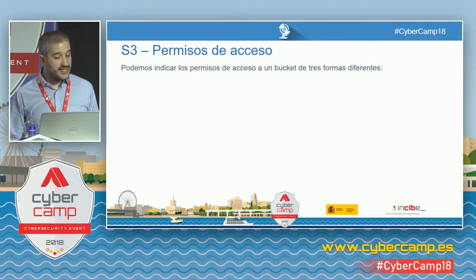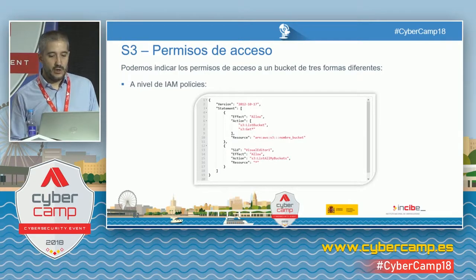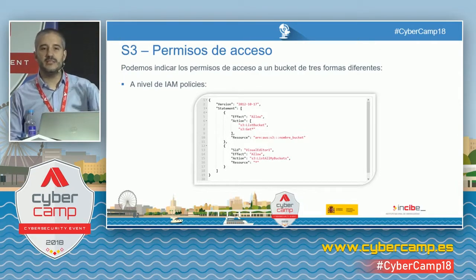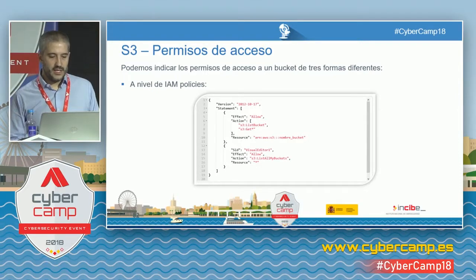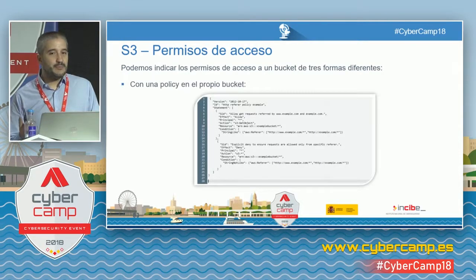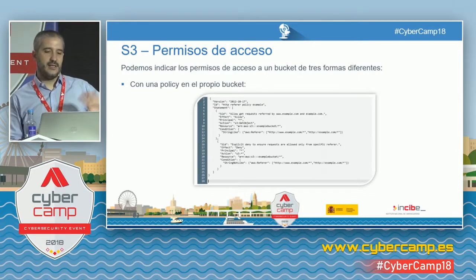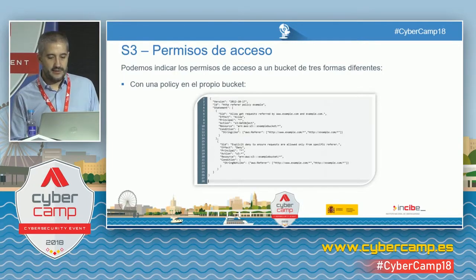When you give access to buckets, those permits can be done in 3 different ways. One, applying a policy to a user and saying, hey, this guy can access this bucket to do these tasks. Then within the bucket, you can also allocate a policy and say, this bucket can be accessed by these people for these roles and in these conditions.